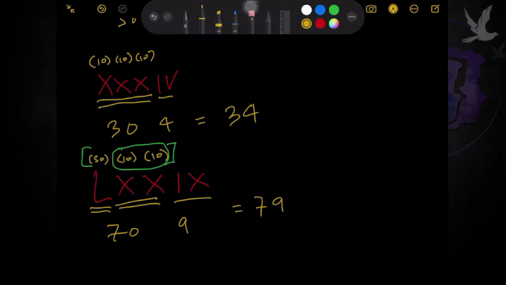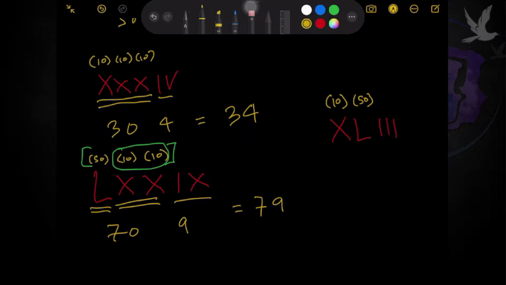So, Teacher Mark, what do you mean by that? What do you mean if there is a number that is after 50, 10 after 50, you have to add it? So, ito yung ibig kong sabihin. If we have an XLIII, okay? XLIII. So, if you notice, this X represents 10, and this L represents 50, okay?